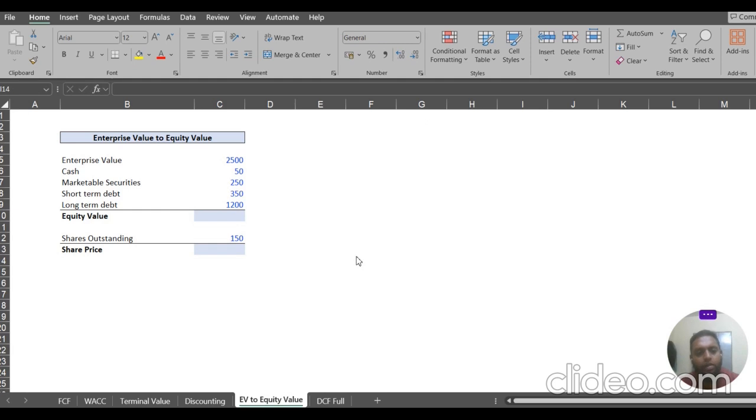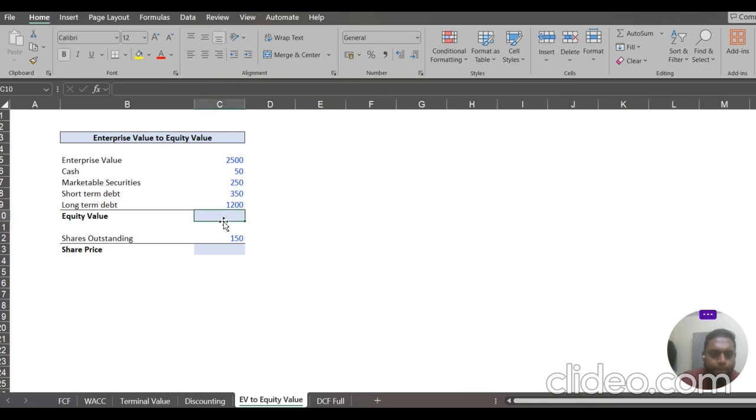Now the fifth step, which is equity value. So enterprise value is basically net debt plus equity value. Equity value is basically given by the formula enterprise value minus debt plus cash. We'll use the simple formula here, and then the equity value will be divided by the number of shares outstanding to get the share price.